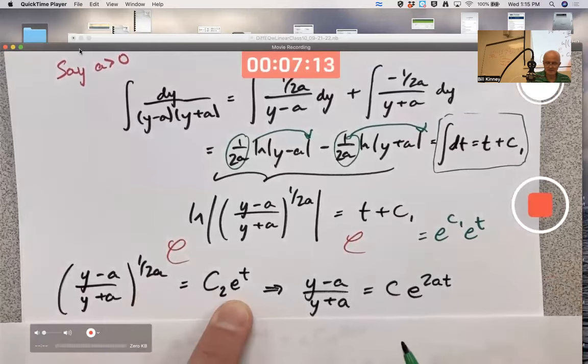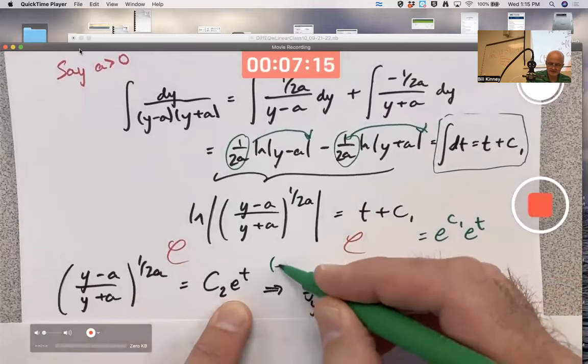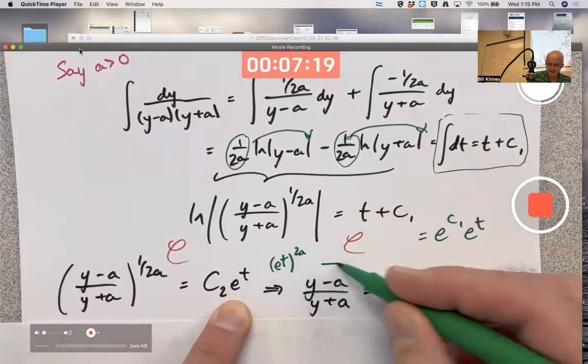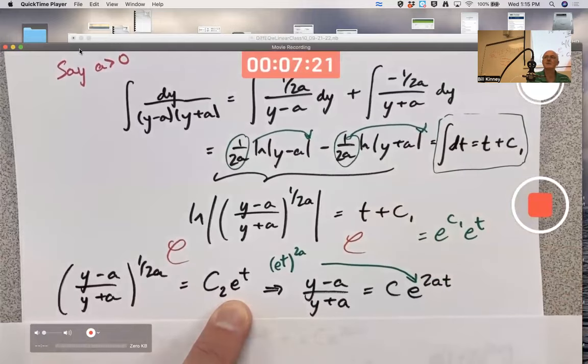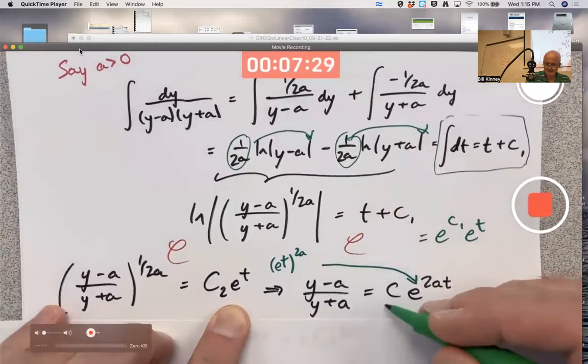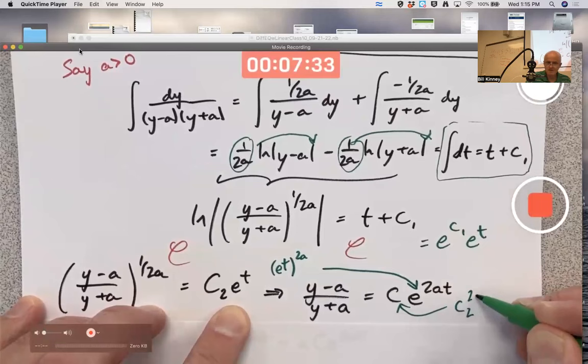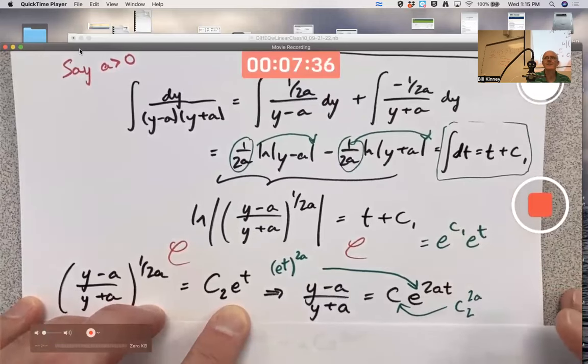E to the t to the 2a power becomes that. You can multiply those exponents. And the c effectively here is c2 to the 2a power.